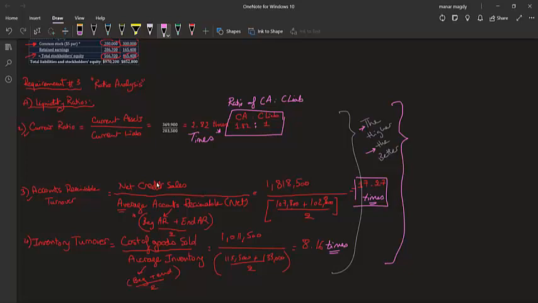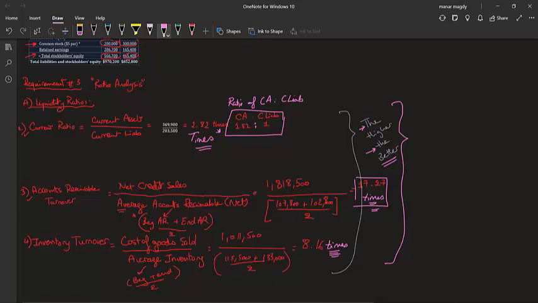And as we can see, each one of them has its own meaning and its own interpretation, which is important for you to understand and take a side note of. Let's continue to the next requirement.